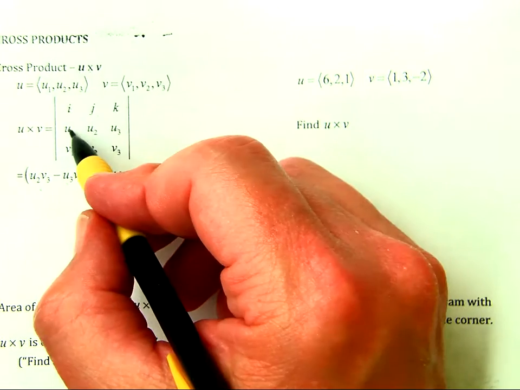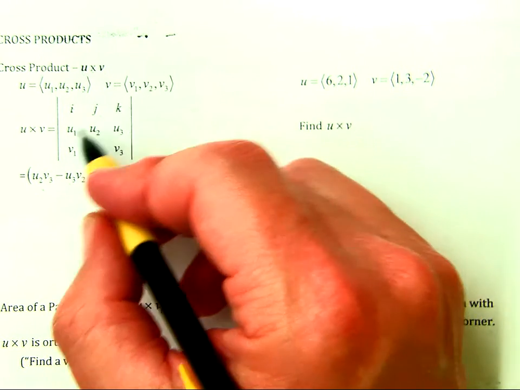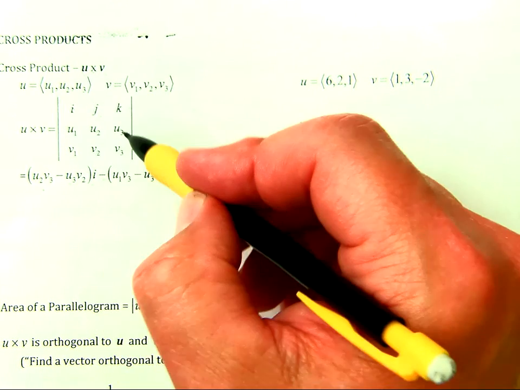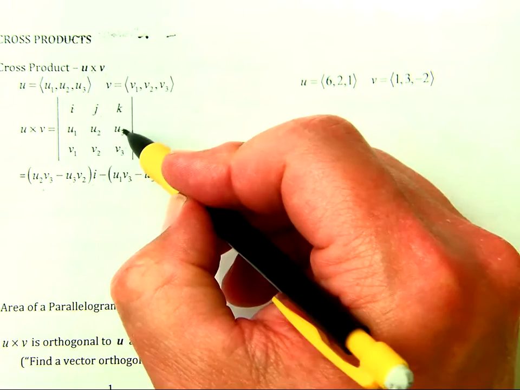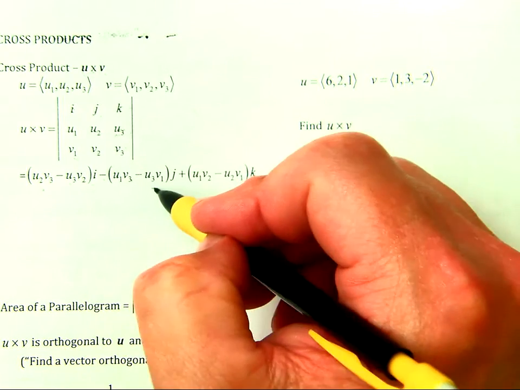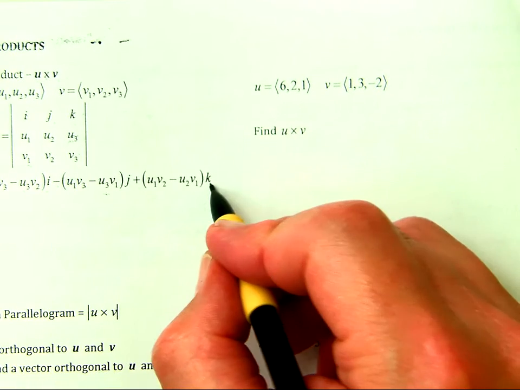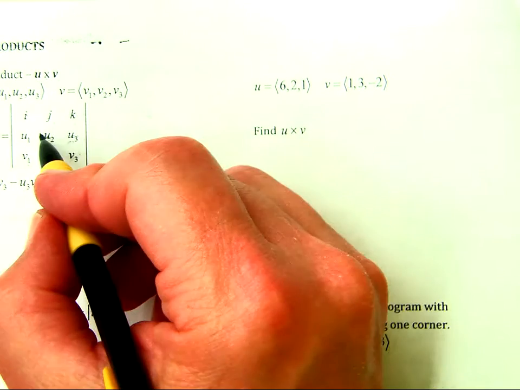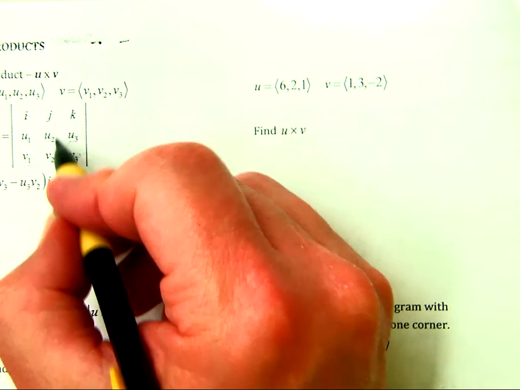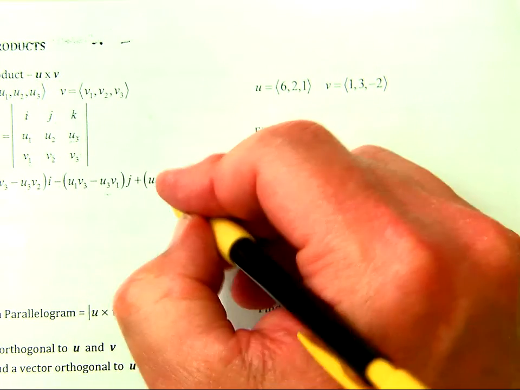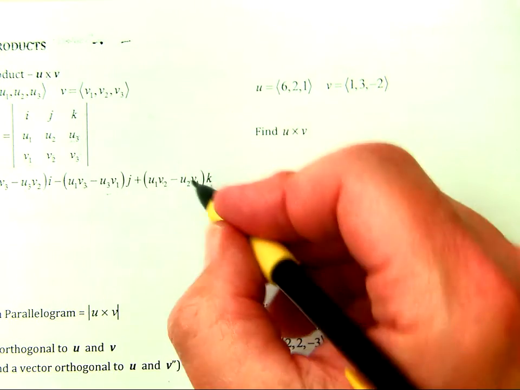Now we're going to do the outside four. So again, cross multiply and subtract. So u1 times v3 minus u3 times v1. Then plus, we move over to the last one, which is k. Now we're going to do these four in the lower left. So u1 v2 minus u2 v1.